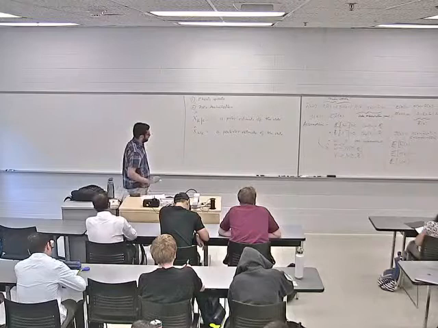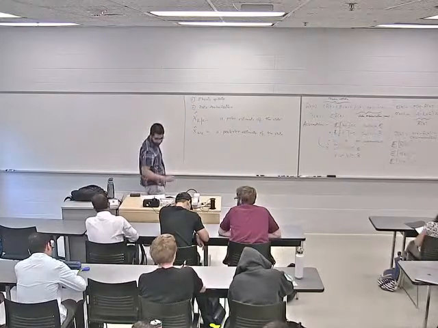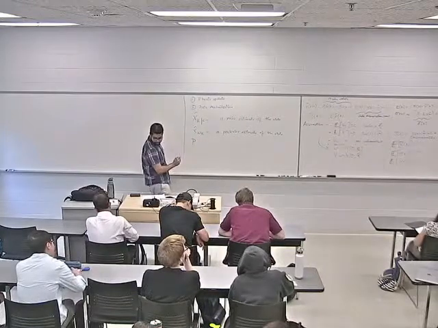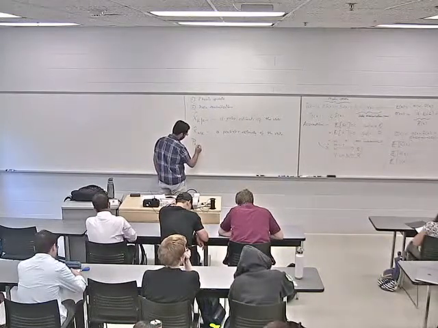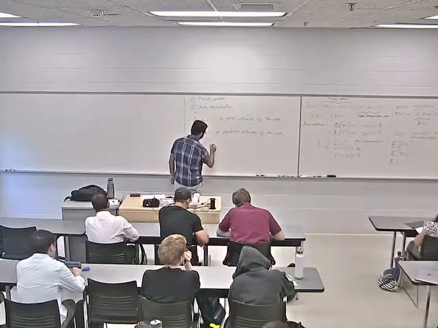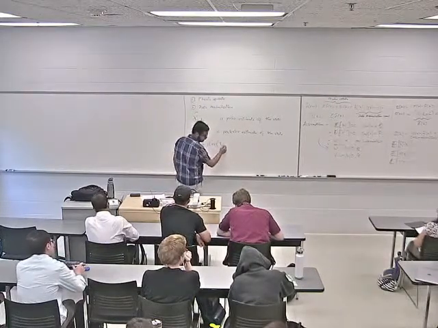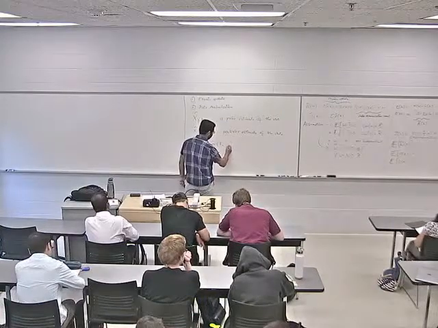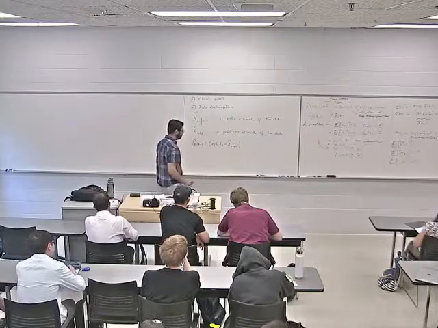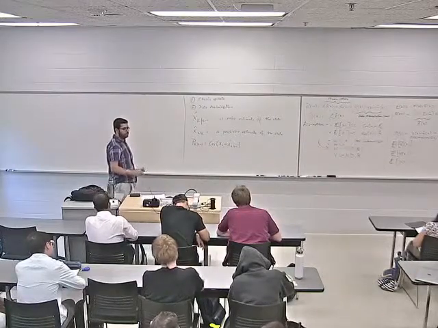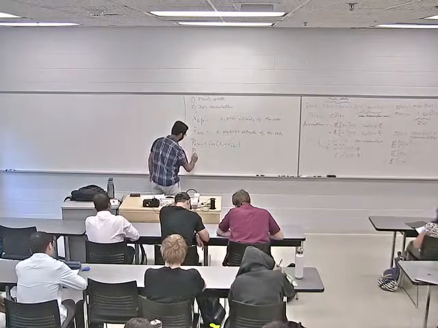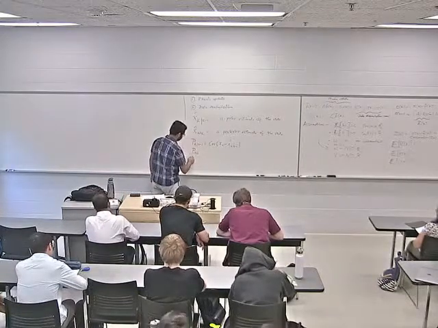Similarly, we define the covariances. P of K given K minus 1 is defined as the covariance of X of K minus X hat of K given K minus 1. There's a lot of opportunities for me to make a mistake here because there's just an infinite number of indices.